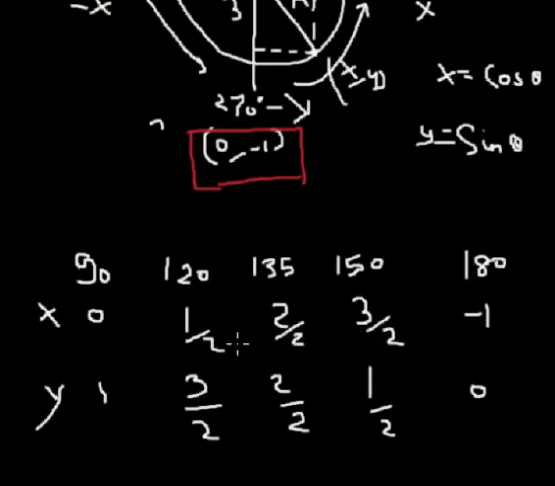Square root only of 2 and 3, square root 3 and 2. I'm not taking the square root of 1, because if you take the square root of 1, the result is going to be 1.